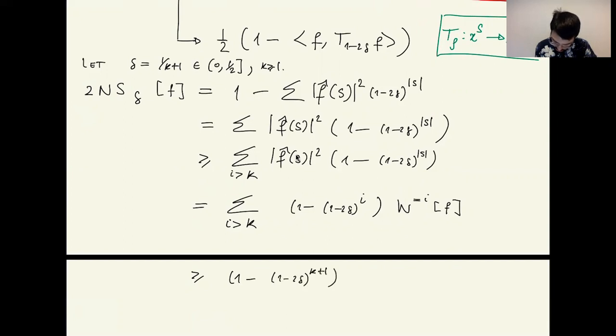This is supposed to be K plus 1, and then the sum. Okay, but what is this? Well, this we know what it is. This is just the probability moduli of S greater than K when S is distributed as the spectrograph of F.